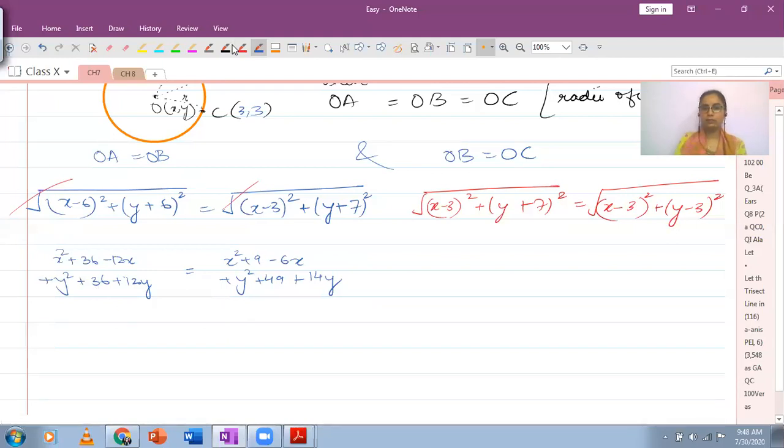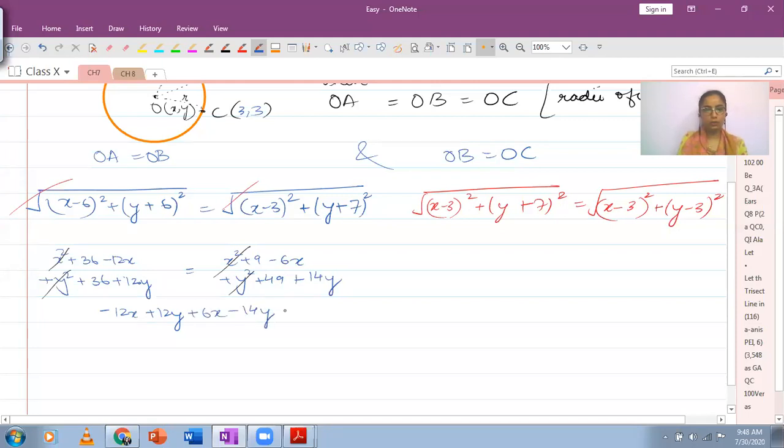Just cancel the terms which you can. So these get cancelled. Any other term which gets cancelled? So you're left with minus 12x plus 12y. I'm just bringing the terms from the right-hand side also. This is what we have, and then I have the constants as 72 minus 58 equals 0.